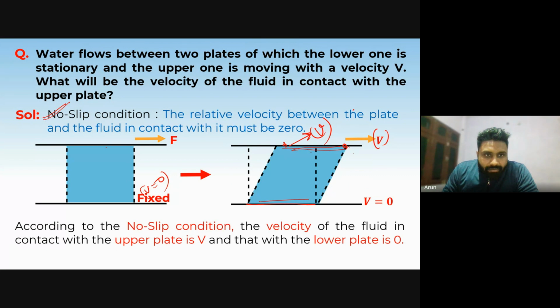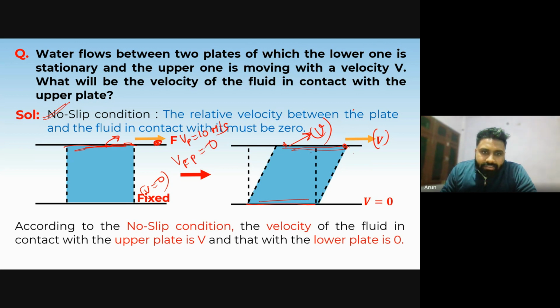The upper plate, I am talking about the plate. The velocity of the plate is 10 meter per second, let's say. So we know that when this layer makes contact with this plate, the relative velocity will become zero. So v relative, that is, the velocity of fluid with respect to the plate, is equal to zero.